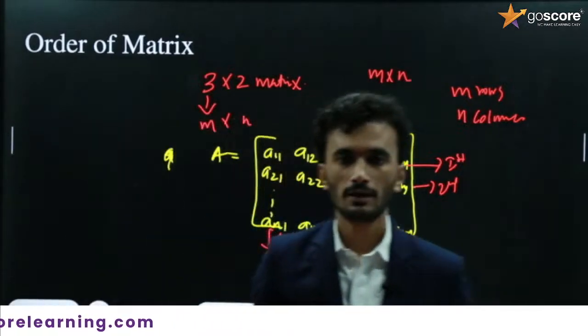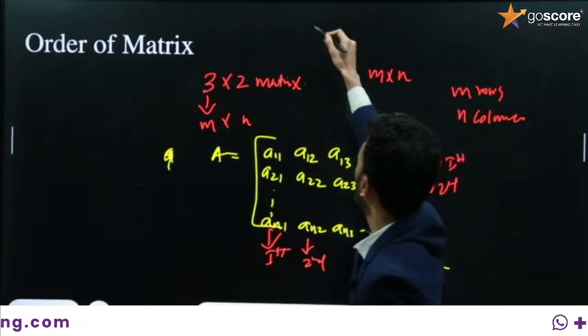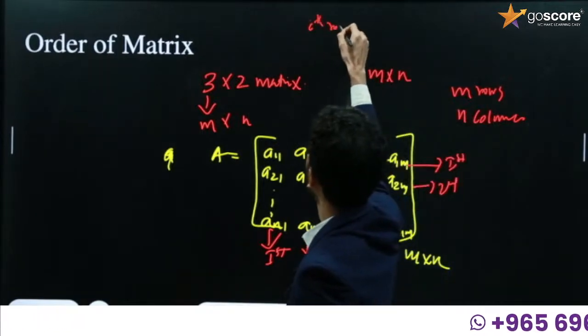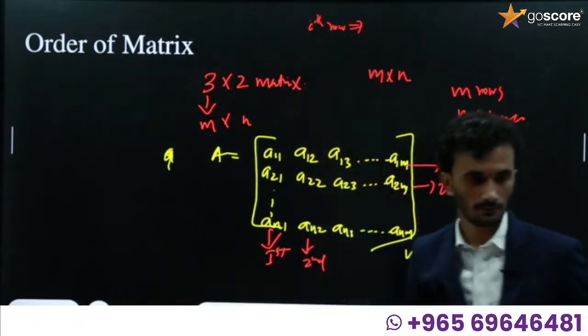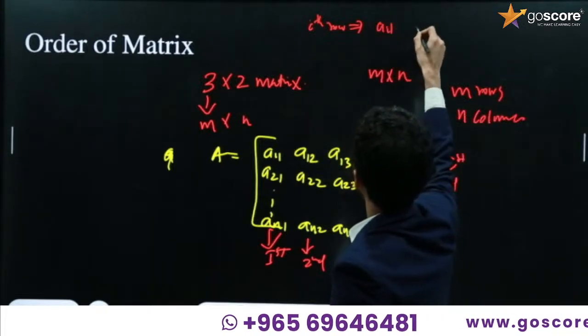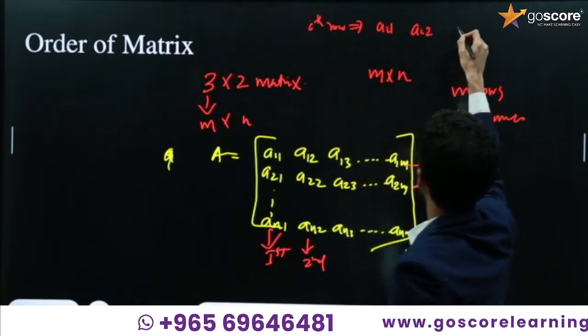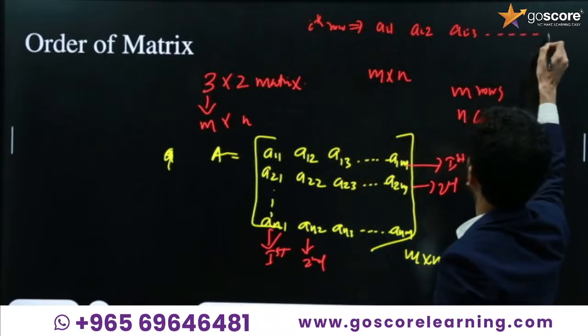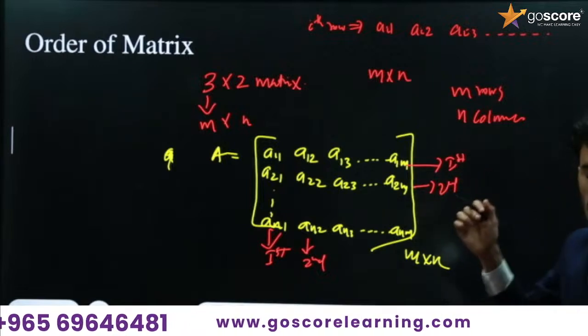Then what will be the ith row? It will be Ai1, the elements are Ai2, Ai3. What will be the last element?